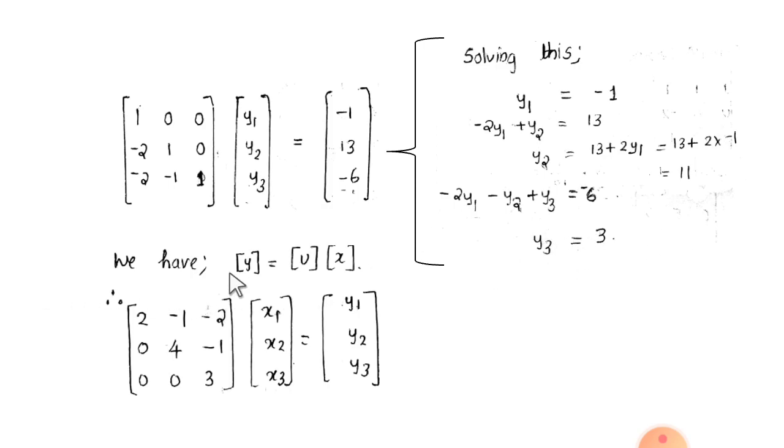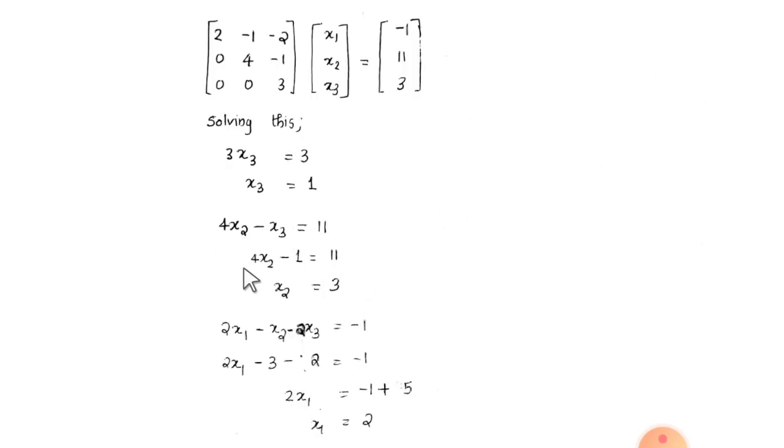So we have the Y matrix, Y equal to U into X. Then you have to solve to get the X matrix. Here we use the upper triangular matrix. This is the upper triangular matrix, this is the X matrix and this is the Y matrix which we have found. Substituting all the values of Y, we can transform the equations to this form.